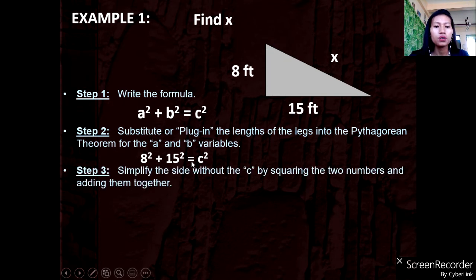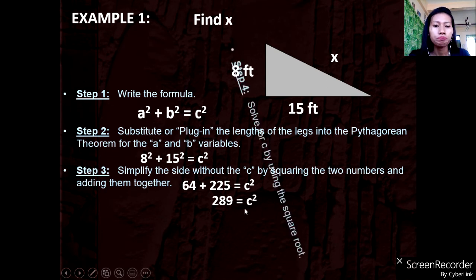Okay, for step 3, simplify the side without the c by squaring the two numbers and adding them together. So let us try to find the square of 8 and the square of 15. So 8 square is 64 and then 15 square is 225. So add 64 plus 225 is 289, still unknown c square.